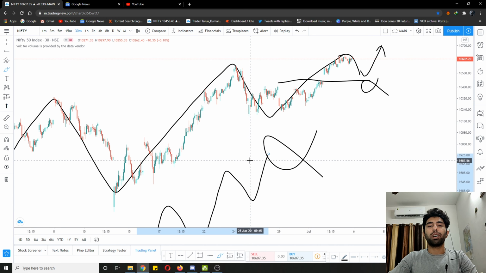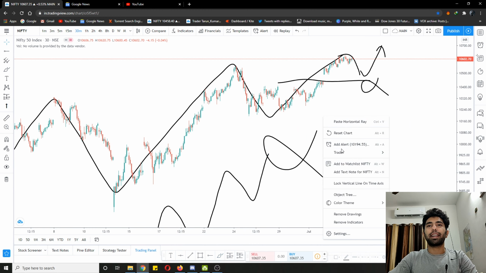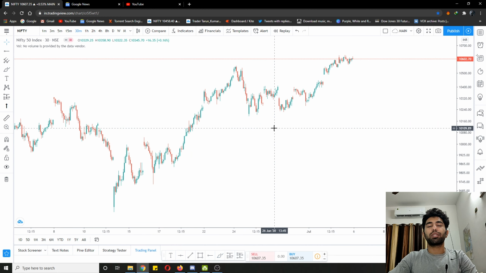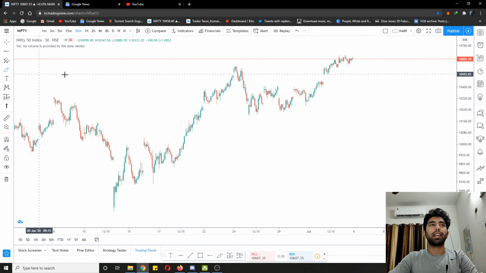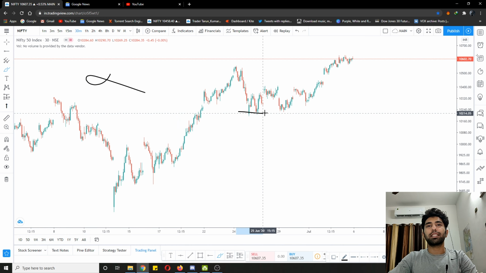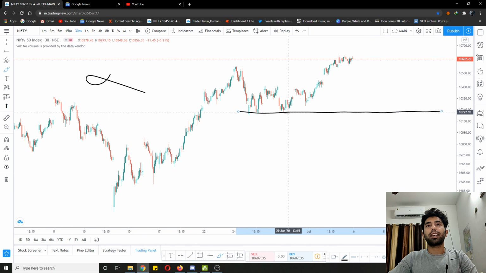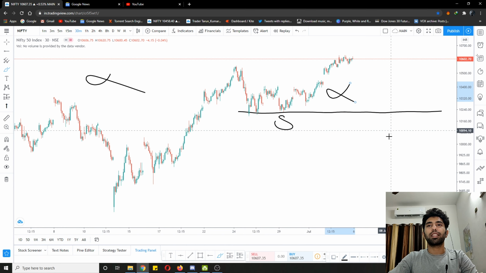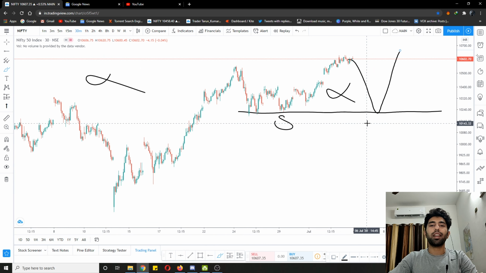If someone is bearish about something, if someone wants to sell Nifty, saying that I don't want to buy Nifty, I'm super sure that it will fall, then as long as it is above the previous support, there is no point shorting. Even if it comes down here and then starts to go up, this is still an uptrend.